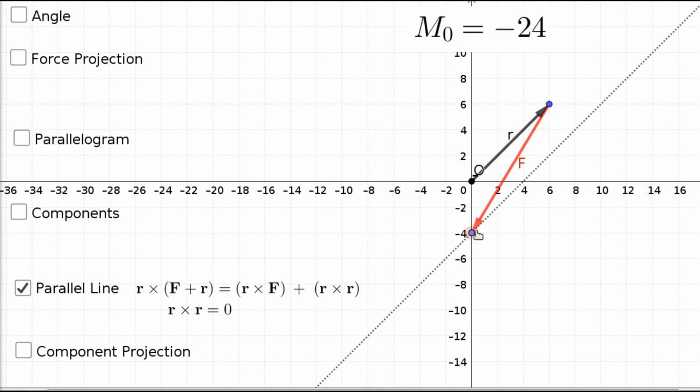Well, notice the equations. If you look at the equations, let's say R cross F plus R is what we want. And that is going to be the sum of R cross F plus R cross R. And we'll remember that R cross R is going to be 0 because the angle between R and R is 0.